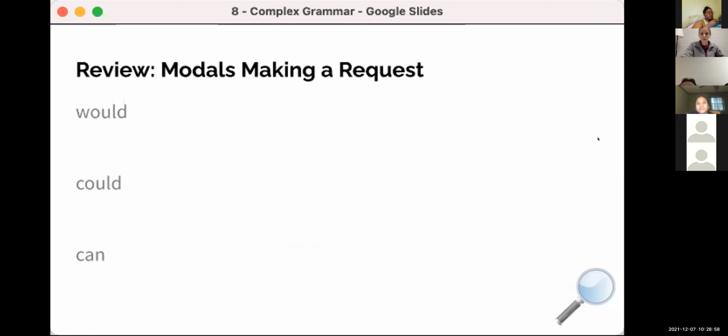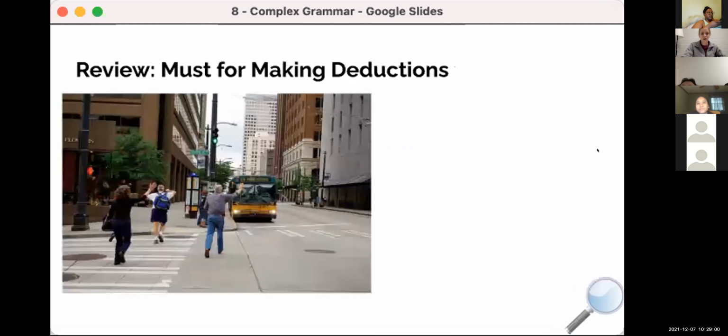We talked about one more modal last week, which was making a deduction using must. What does it mean, making deductions?